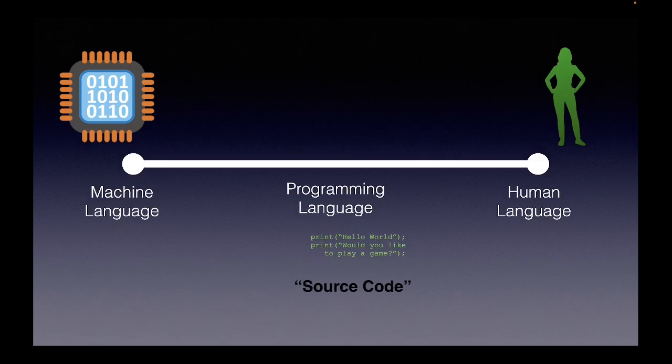So the workflow is that we're going to type our source code into a file and we're going to save that. And if we have this idea that we're really trying to take what we want the computer to do and explain that in a different language, there has to be some kind of translation that takes place, right?